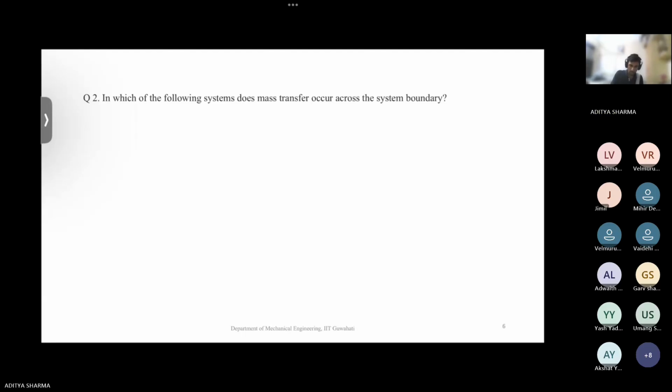Then question number 2. Your few assignments are not heavy on numericals.